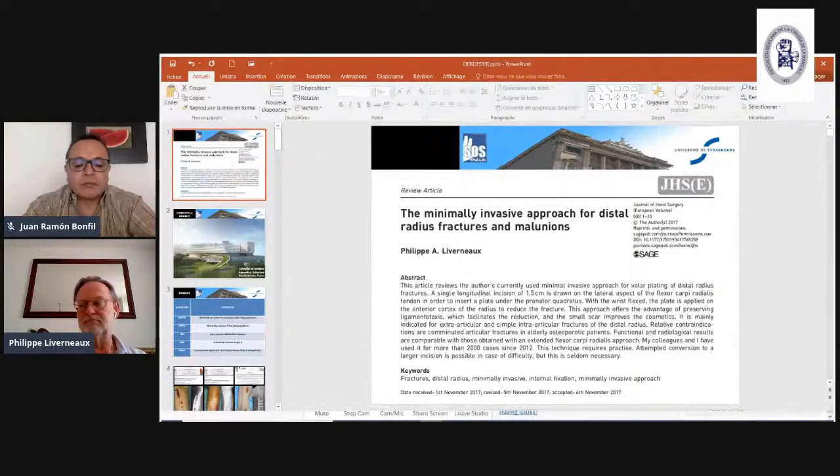As you may know, for distal radius fractures, most authors use right now volar approaches with locking plates. But according to Orbey and other authors, they like to use a very extensive approach in order to see very well all the fracture fragments.